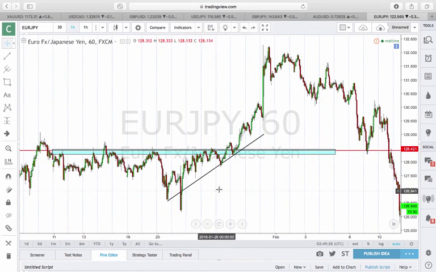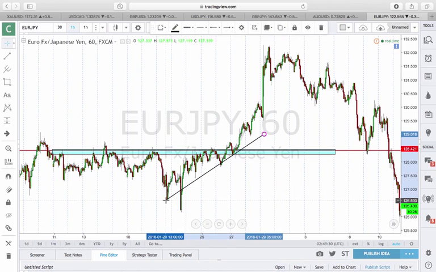Now look how simple that was. The trend line tested once, and even here, even though it broke below, it still closed above. Tested here and tested here. So let's check. Is there support here? Yes. Is there a trend line? Yes. Is there a zone here? Yes. And was support ever resistance? Very much so.